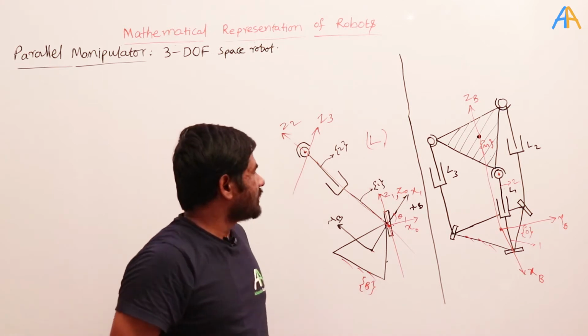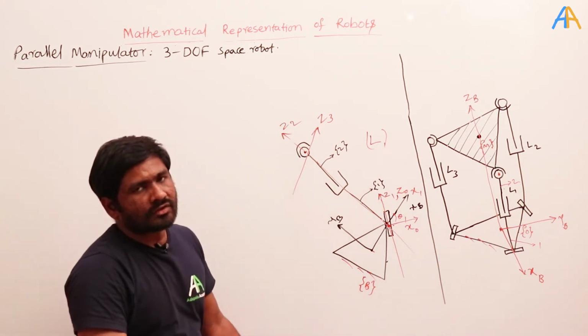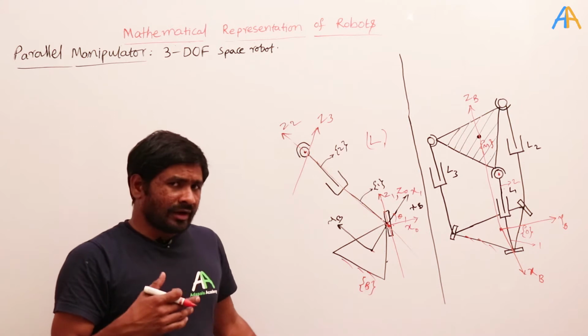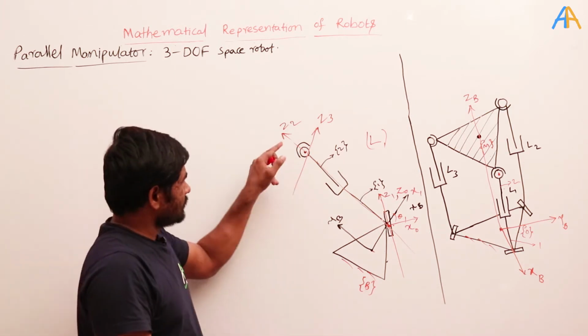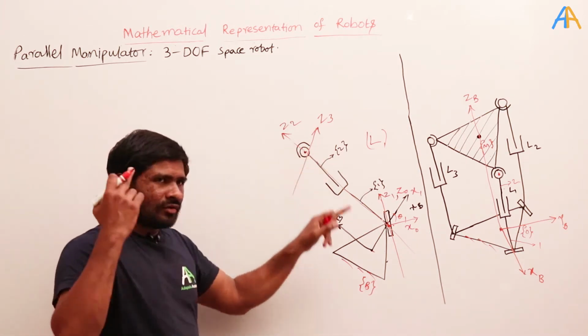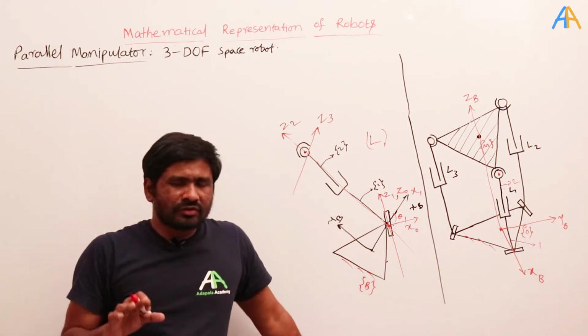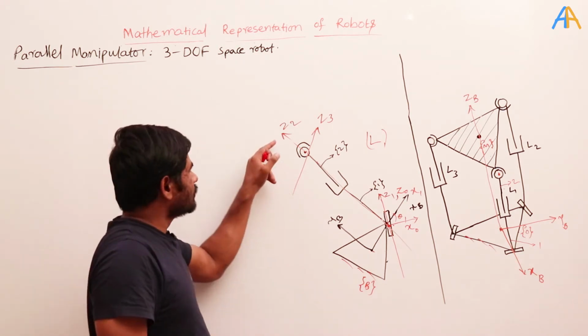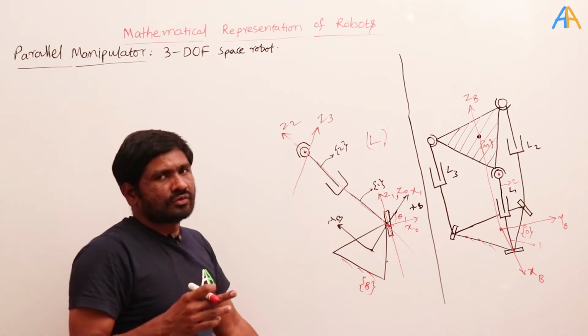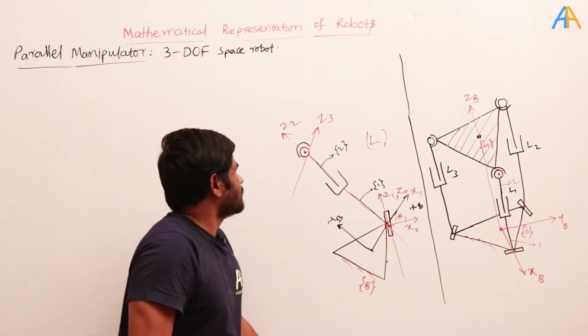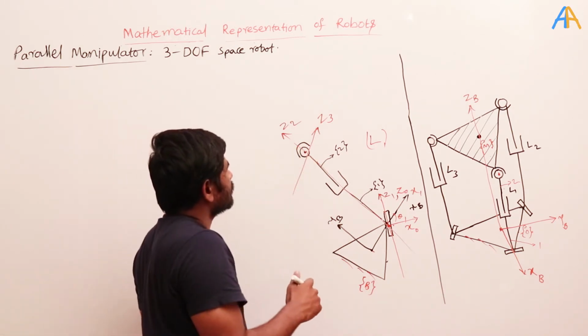And what is the x2? x2 is the perpendicular distance between Z2 and Z3. Again, you need to remember these by heart. x2 is the perpendicular distance between Z2 and Z3, and here we have Z2 and Z3.